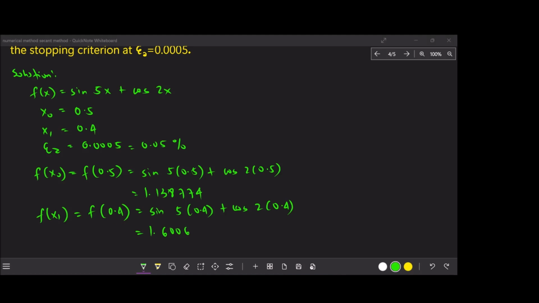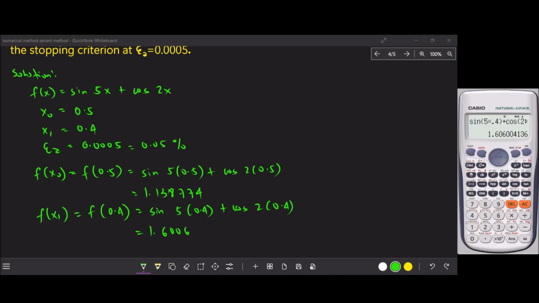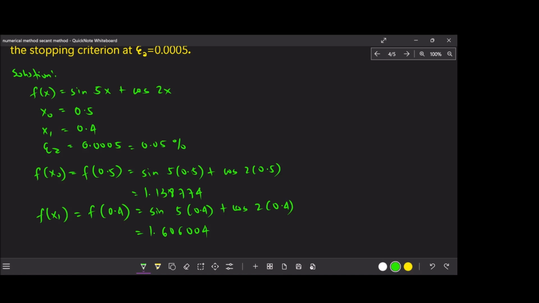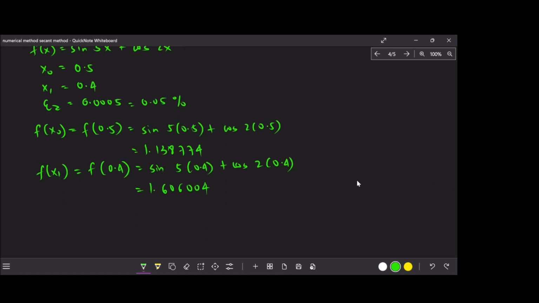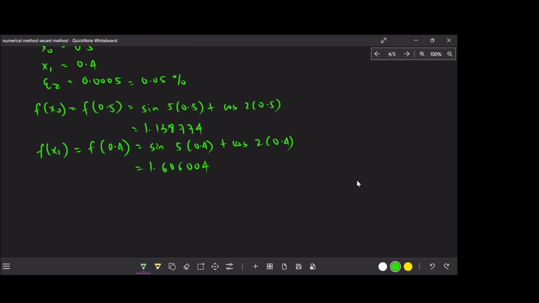So let's use the formula to get our root. This will be our first iteration.